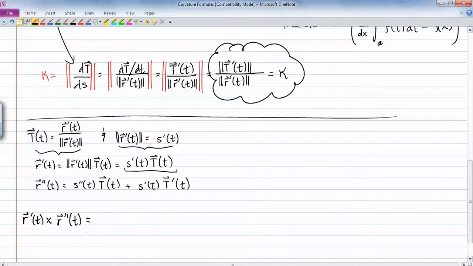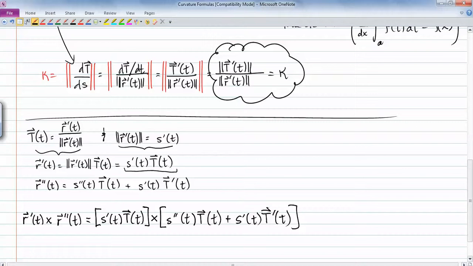All right, so I'll write it out first. r prime of t is s prime of t, capital T of t, and then we're crossing it with s double prime of t, T of t, plus s prime of t, T prime of t.